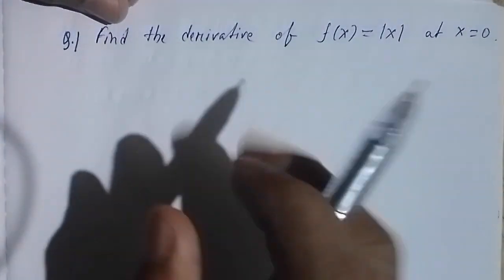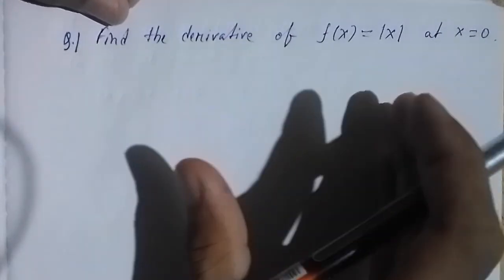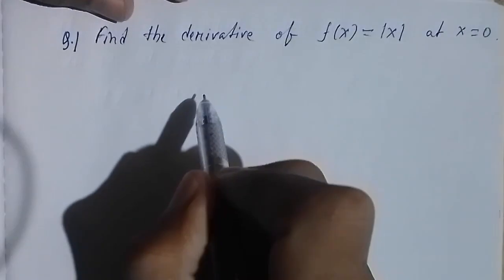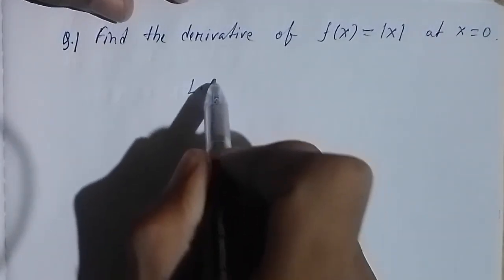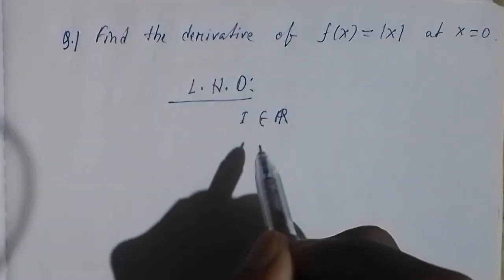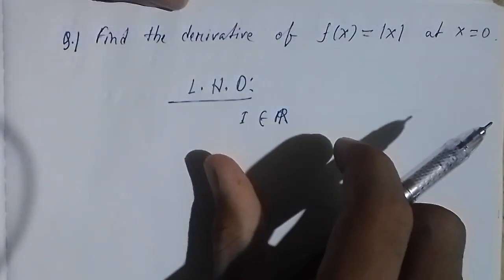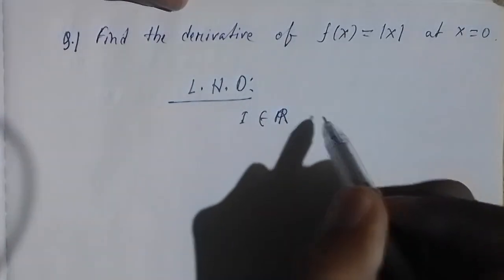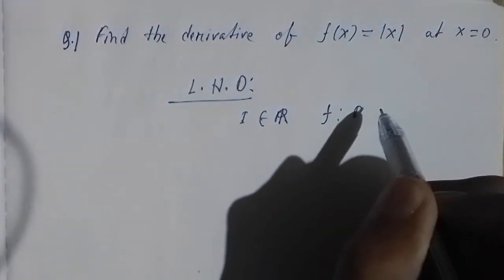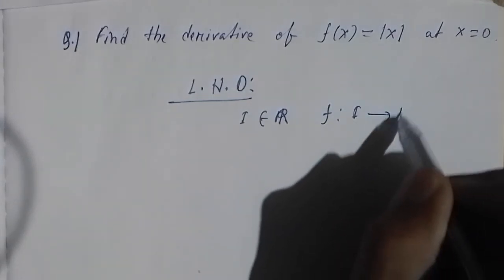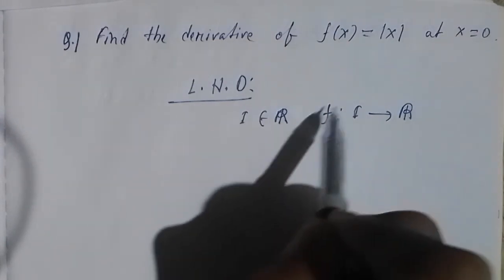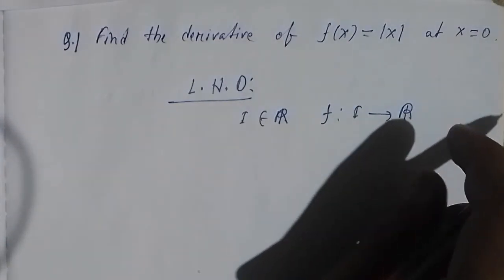So what are the left-hand and right-hand derivatives? If I belongs to the real numbers, then we take a function f such that I tends to R.